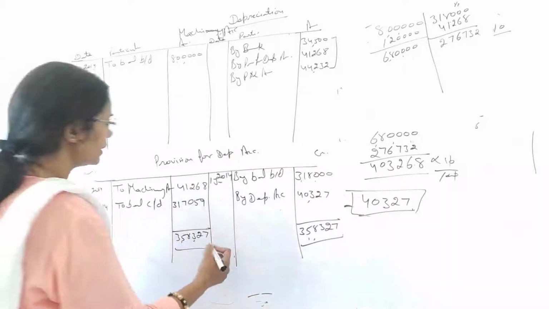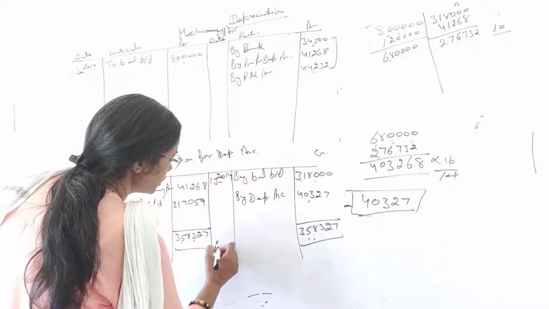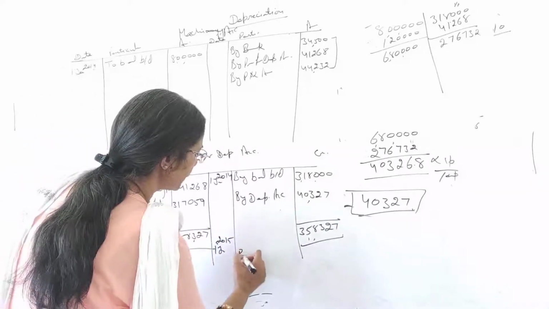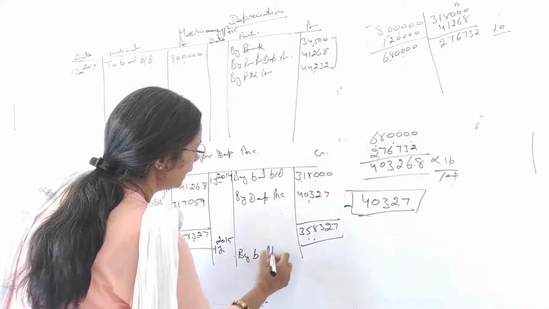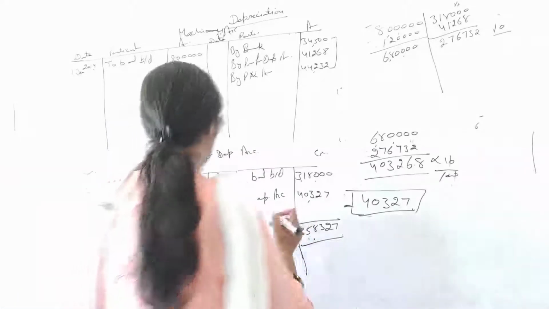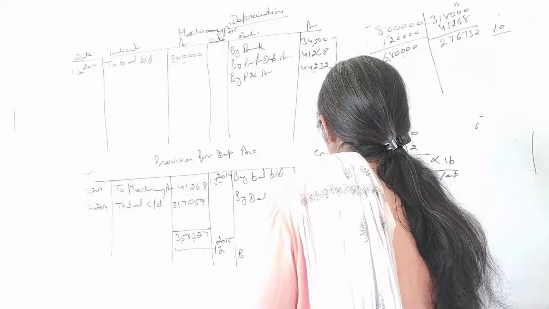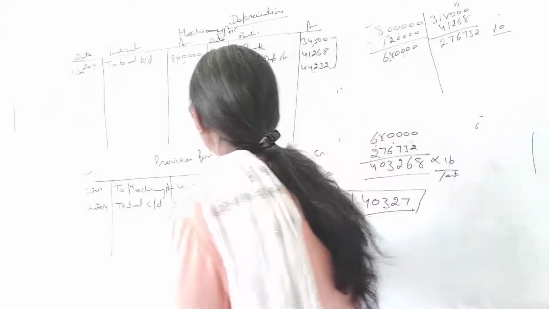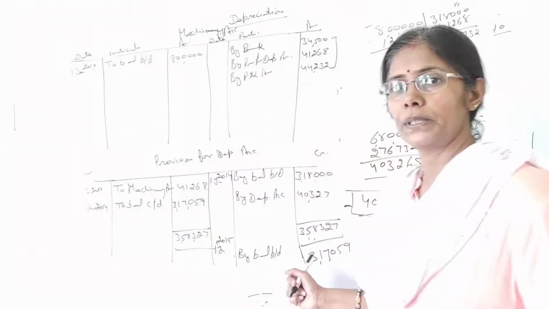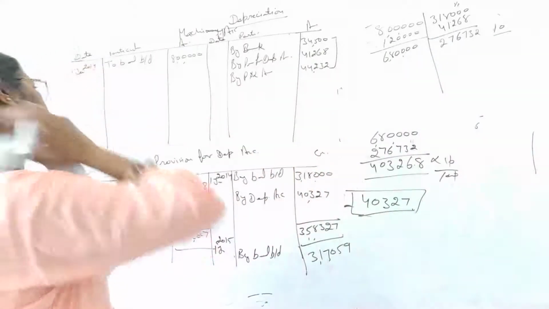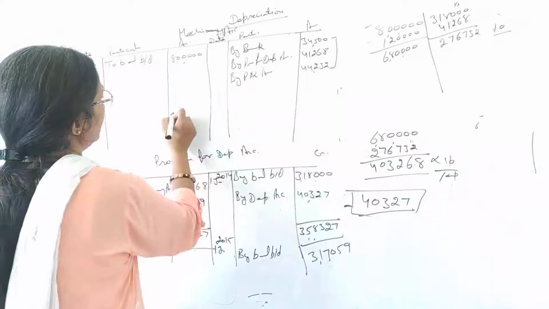Next year, this starts on 1st January 2015. You can show the balance as balance brought down, and this is 3,17,050 rupees. All right. And if we wind up this machinery account, we have to find out the balance now.